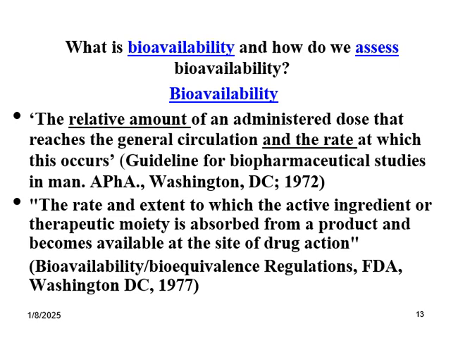The rate and extent to which the active ingredient or therapeutic moiety is absorbed from a product and becomes available at the site of drug action. Okay, so that is the definition of bioavailability, both from the APHA and FDA.